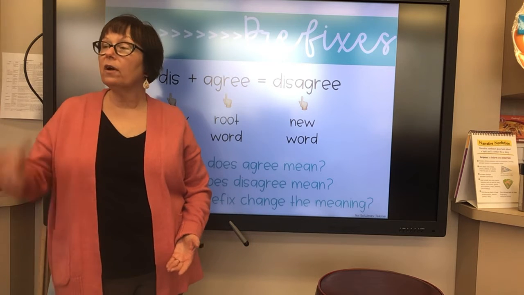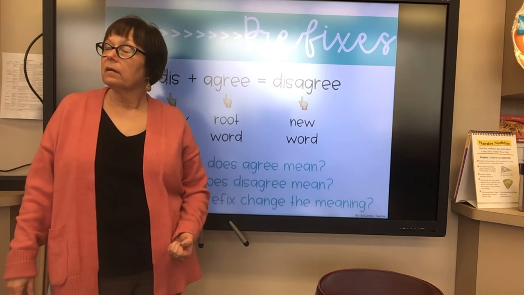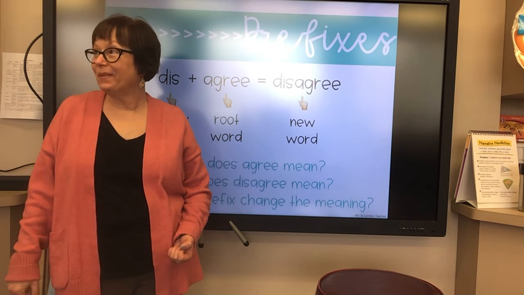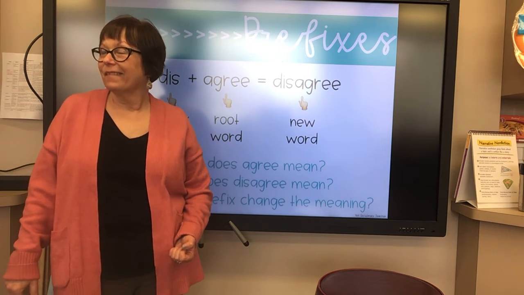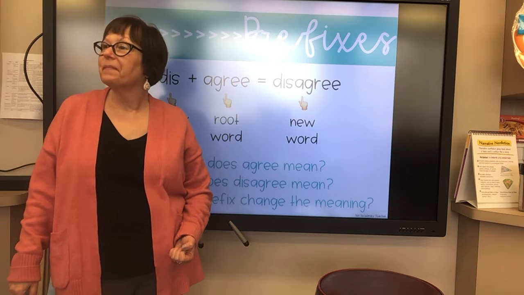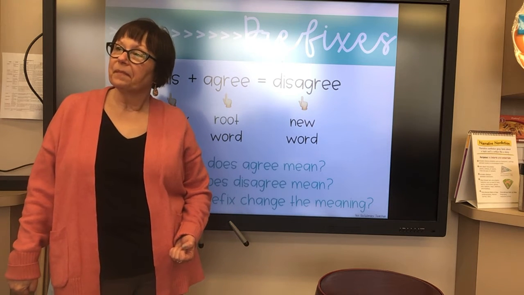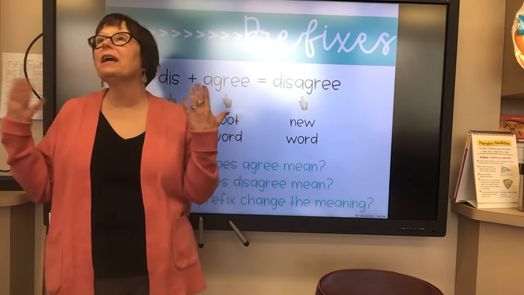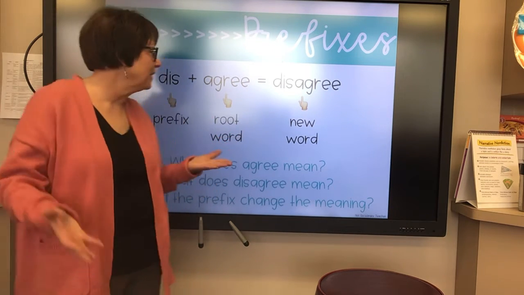Leah? You both are happy with it and you don't disagree. Oh, it's the opposite? Yes, you think the same thing that the other person thinks. Oh yes, that's a good way to put it. You think the same way that the other person thinks.